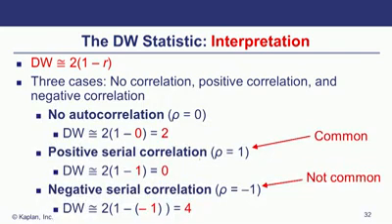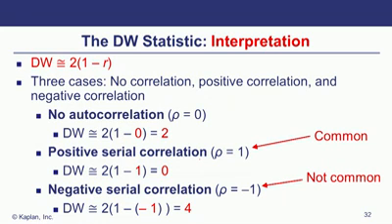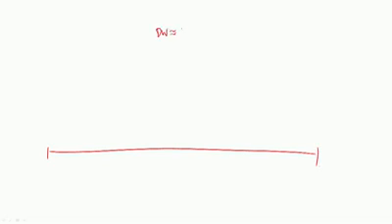Firstly, the Durbin-Watson test has an approximate value of 2 times 1 minus the autocorrelation in the error term. So let's take that equation and see what happens. Remember, Durbin-Watson is approximately 2(1 - r).